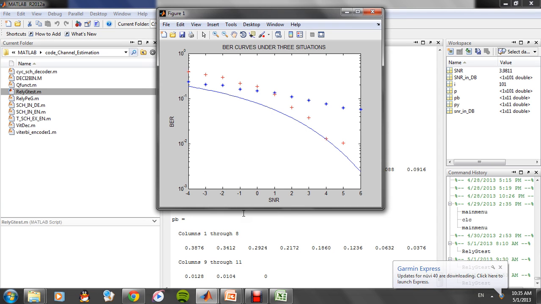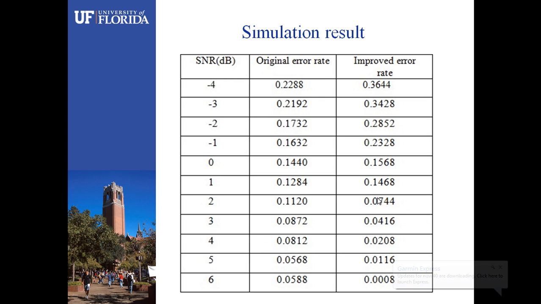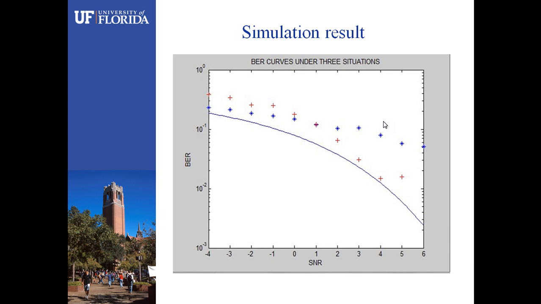Here we got this figure, and it is also shown in the slides. The blue curve shows the ideal BER, which means bit error rate without Rayleigh fading.